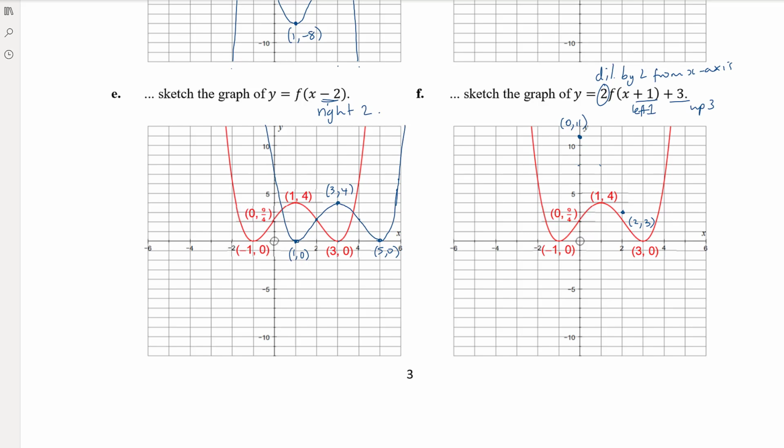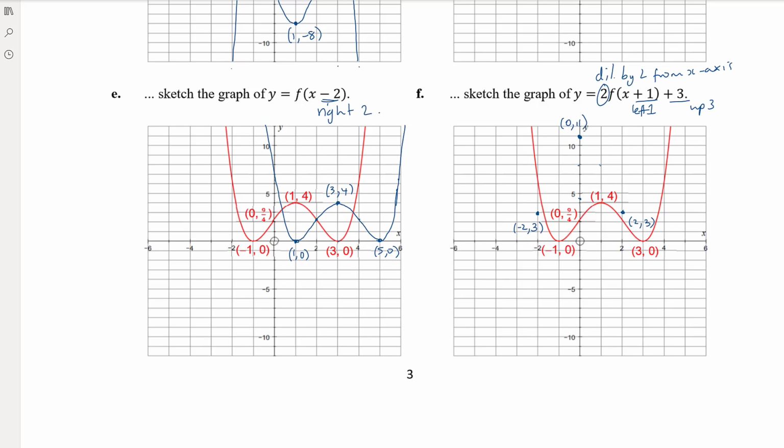Again, the dilation doesn't change the y value at the point (-1, 0). Moving it to the left by 1 and up by 3 means we're at (-2, 3). (0, 9/4): dilation by 2 from the x-axis makes it (0, 9/2). And then we're going to move it to the left by 1. 9/2 is 4.5.